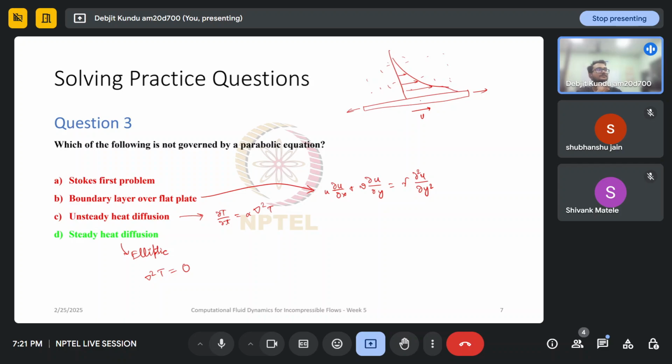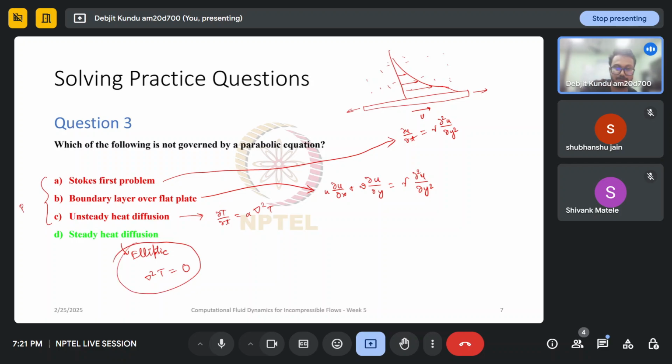Once again, the governing equation of this problem is given by ∂u/∂t equal to nu ∂²u/∂y². So this is what Stokes' first problem is. These are all parabolic equations. This is the only one that is elliptic in nature. So that's why option D should have been the correct answer.